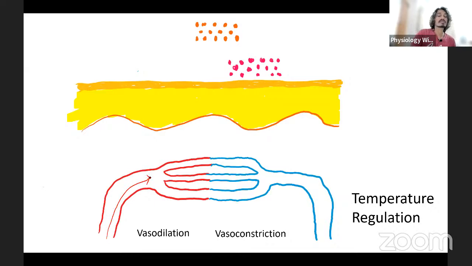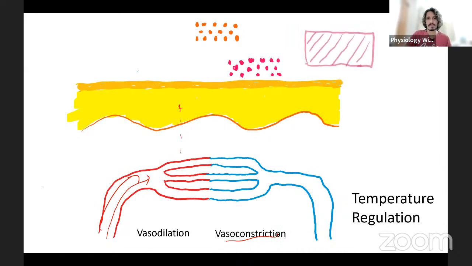Or if there is vasodilation, more blood is flowing, which means more heat can be dissipated. Or if we need to conserve body temperature, for example in a cold place, you do not want a lot of heat loss, so you vasoconstrict. This is under autonomic control to a degree.